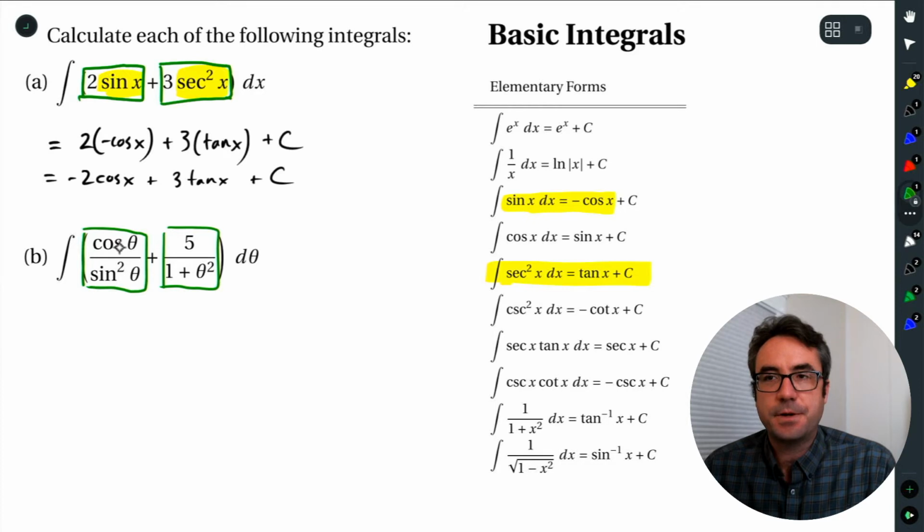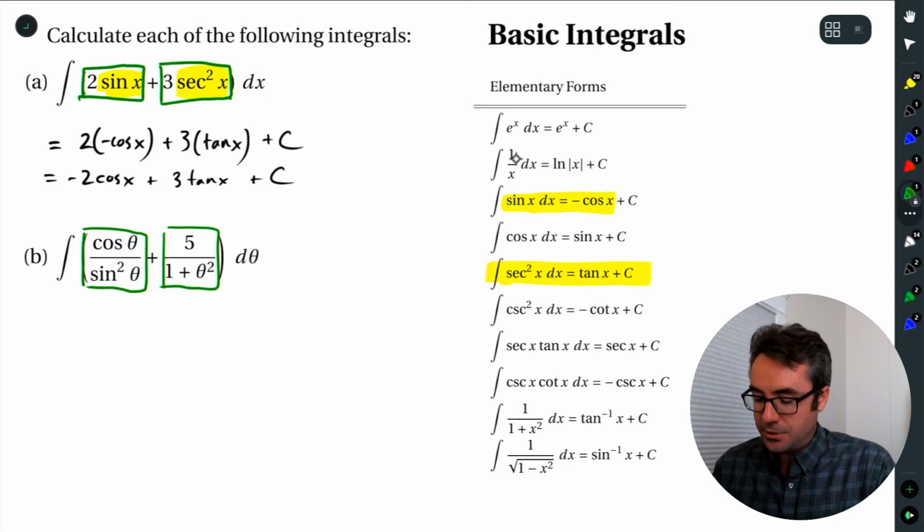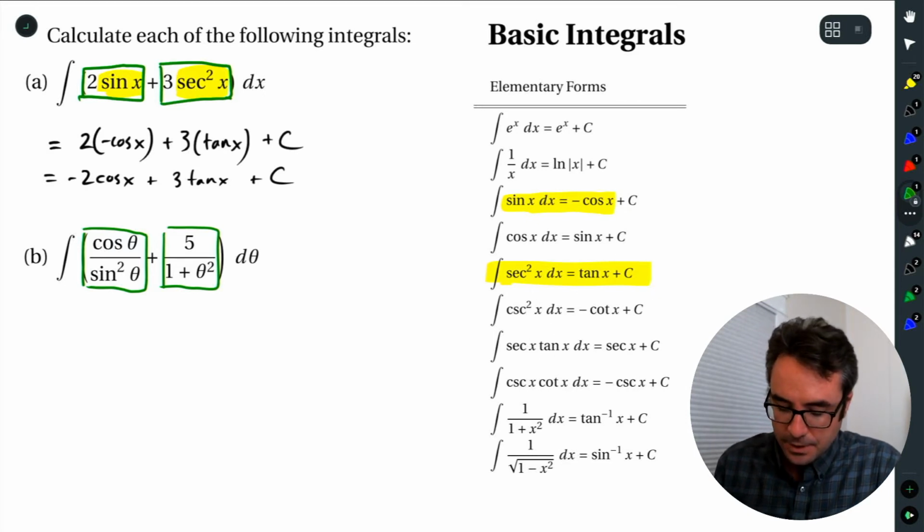All right, so first of all, we have cosine over sine squared. If I go to my elementary forms here, I don't see that anywhere. So we might try to break this function apart and use some trig identities to try to get it into one of these forms. So let's try and do that.